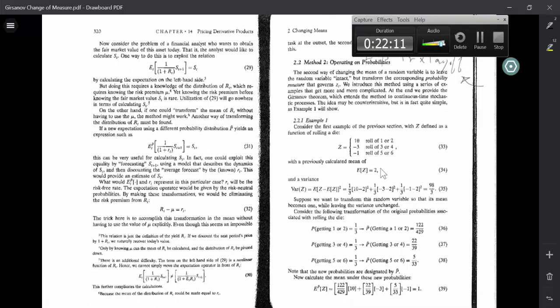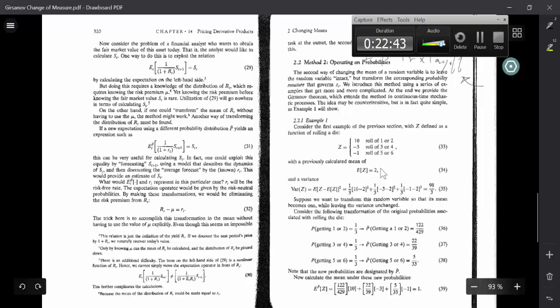Now, this is the same game. The game hasn't changed. But now we define some new probabilities. Instead of having 1/3, 1/3, 1/3, we define that the probability of getting a 1 or 2 is 122 over 429.